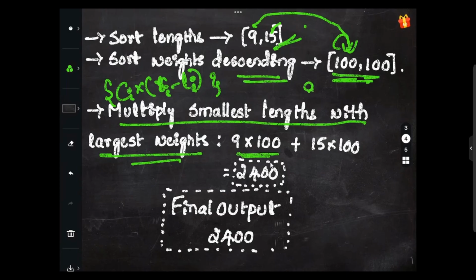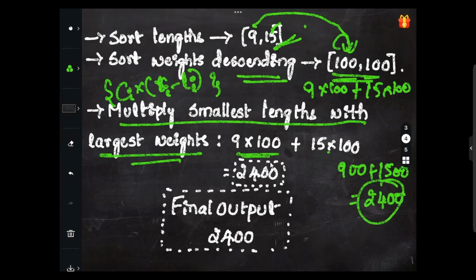Here it is 9 into 100 plus 15 into 100. 9 into 100 gives us 900, and 15 into 100 is 1500. So 1500 plus 900 is 2400. The output that we got here is 2400.